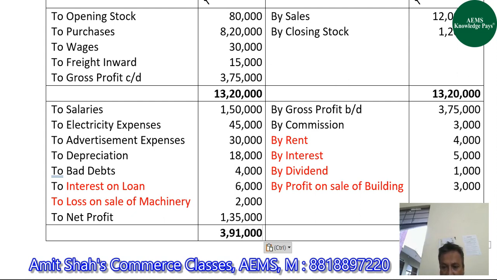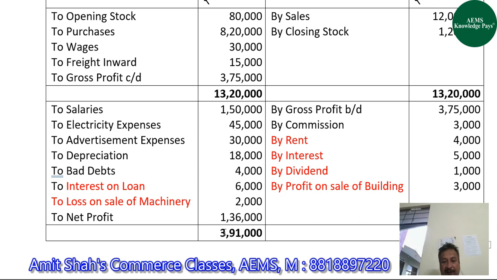Earlier I took 1,000 more. 195, 225, 243, 247, 253 and 255. 255 means 1,36,000.